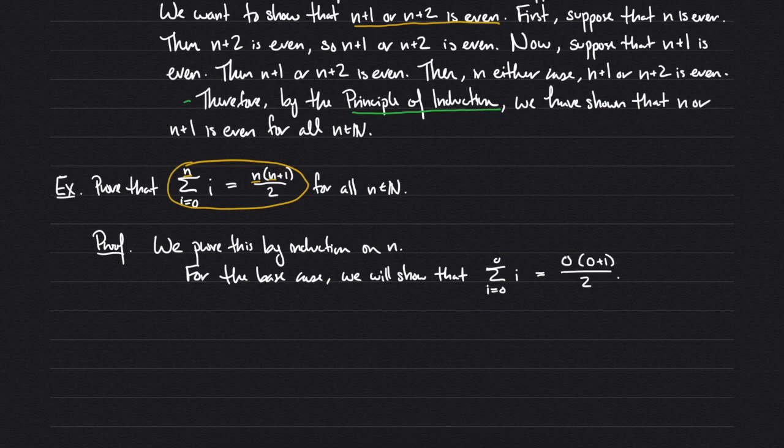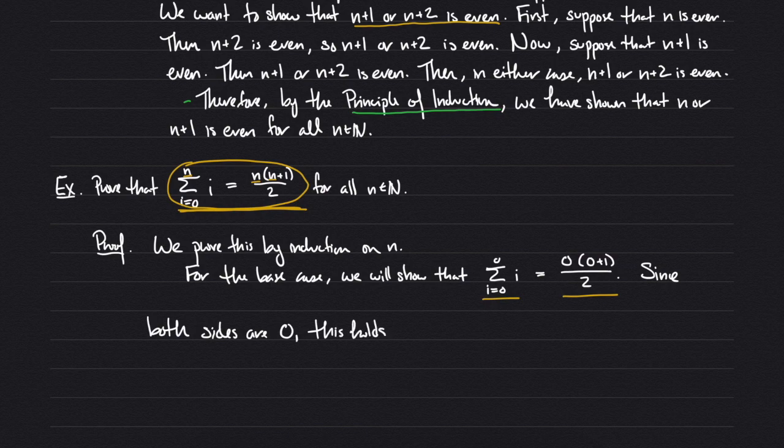So we're just plugging in 0 into this thing that we're trying to show, where all the n's are. So we plug in 0, we find this. But then we think about this and we think that, okay, if we sum up all numbers from 0 to 0, that's of course 0. And 0 times 1 over 2 is of course 0. So we can just say, since both sides are 0, this clearly holds.